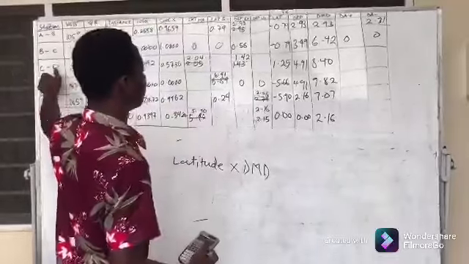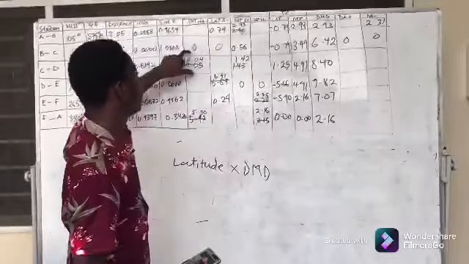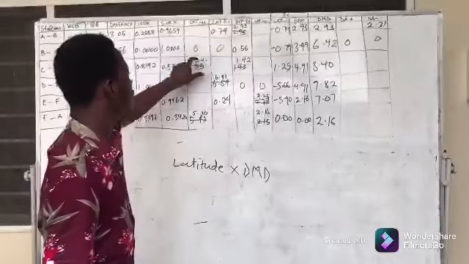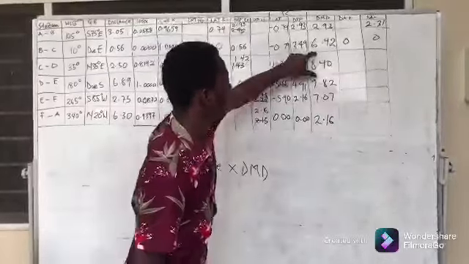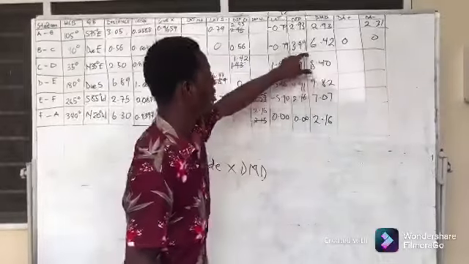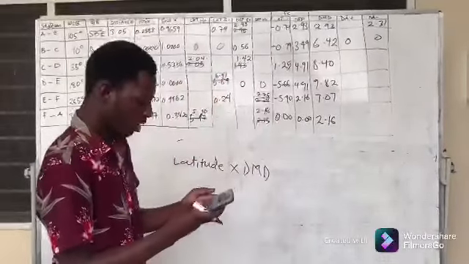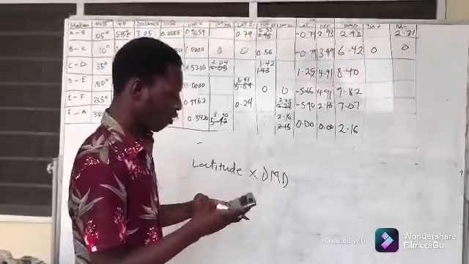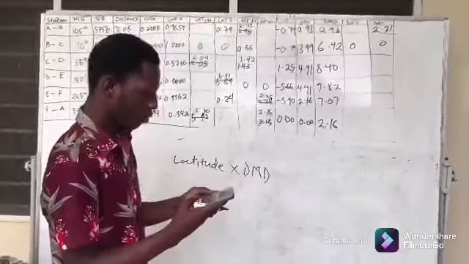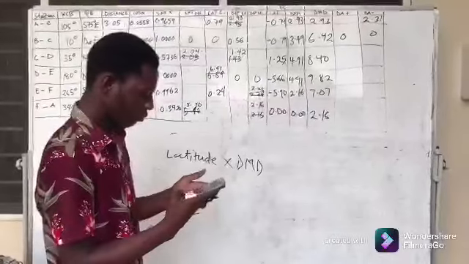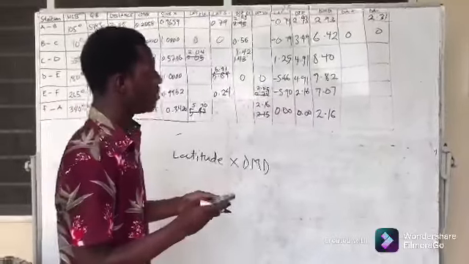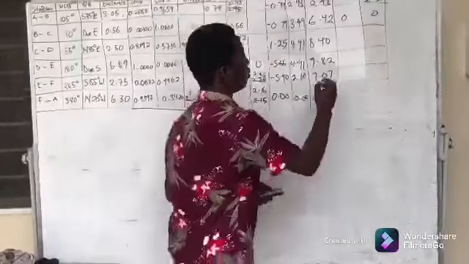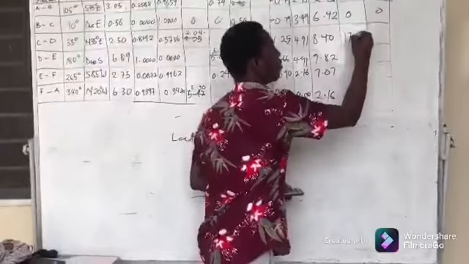For station CD, the latitude value is 2.04 times the corresponding DMD, which is 8.40. So 8.40 times 2.04, which should give you 17.14, and it's a positive value, so 17.14.